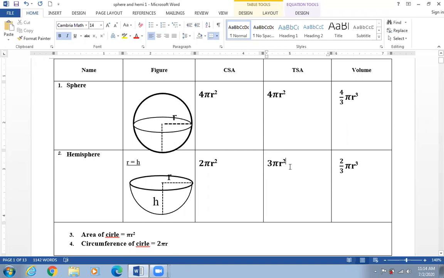Okay, so let me write down like this. So CSA plus the upper circle, that is called CSA plus. So the round figure that is called the circle, the area of the circle, is also added in it.